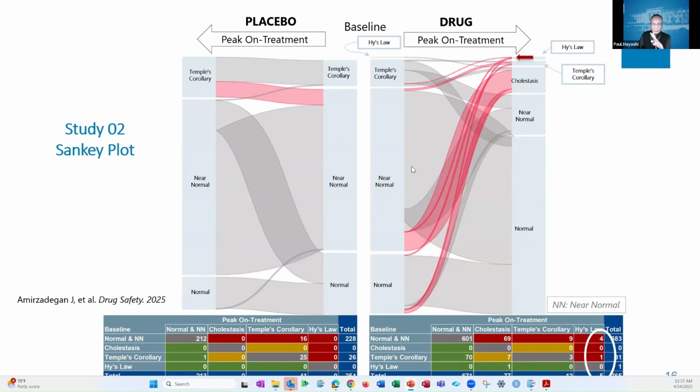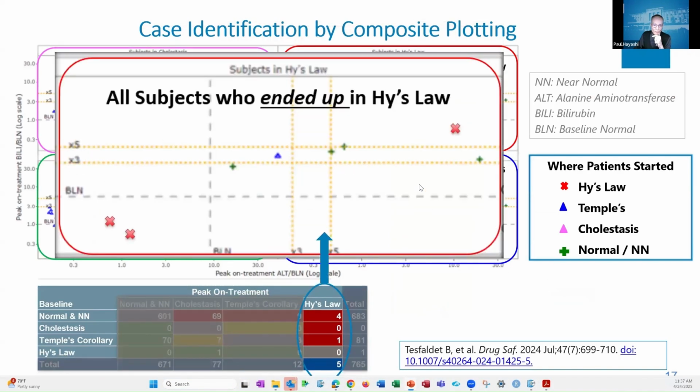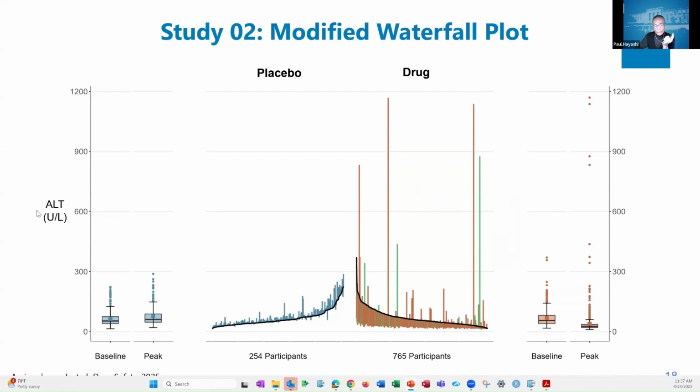This trial you couldn't enroll if you had hyperbilirubinemia. So what that means is that we really have only one variable we have to be concerned about that's abnormal coming in the door, and that's ALT. The bilirubin, we don't have to be worried about it. And then it puts it back on a 2-dimensional plot just with one variable.